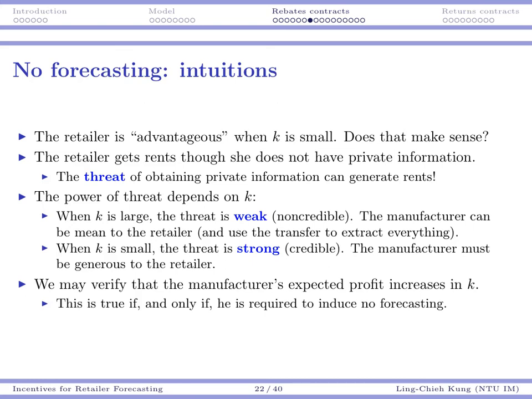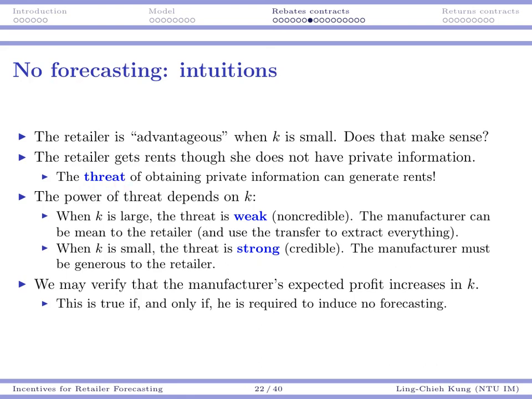What's interesting is that the retailer may earn a positive rent even though the retailer does not have private information. This is because the retailer has the threat of getting private information. The retailer does not need to really get private information. As long as the retailer has the threat of getting it, the retailer can earn some rents.